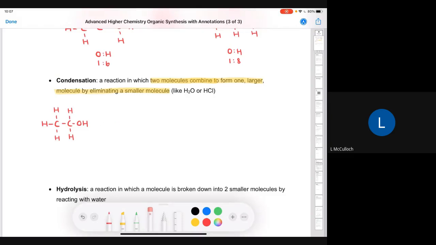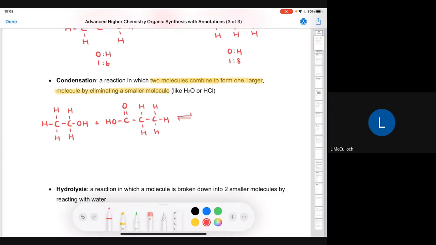hydroxyl group of the alcohol molecule. So there is my propanoic acid. This is a reversible reaction, so I'm just popping in that reversible reaction arrow.